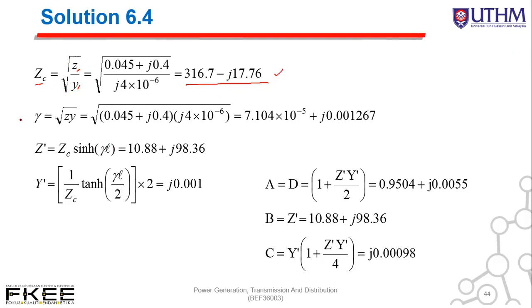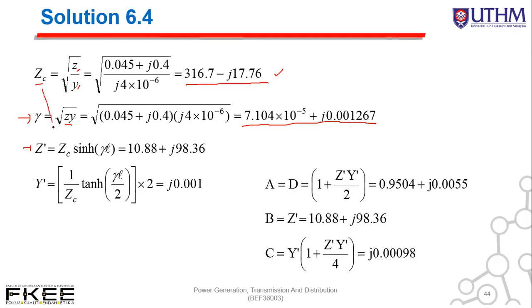And then we can calculate the propagation constant gamma equal to square root of ZY. So we get this value, 7.104 times 10 to the minus 5 plus j0.001267.